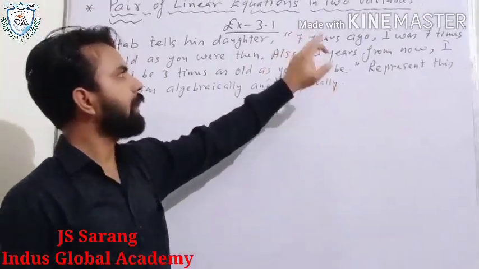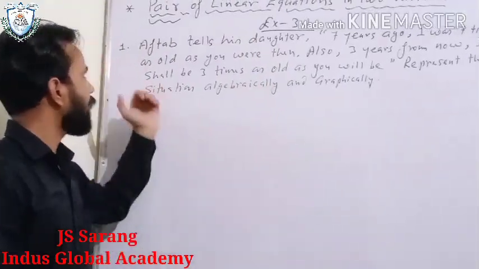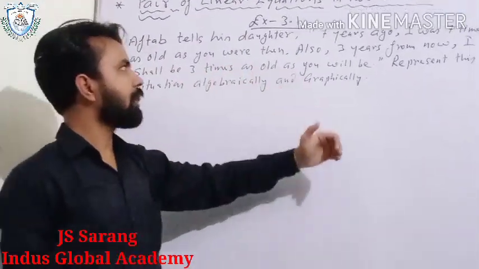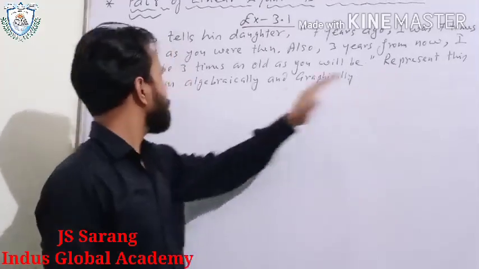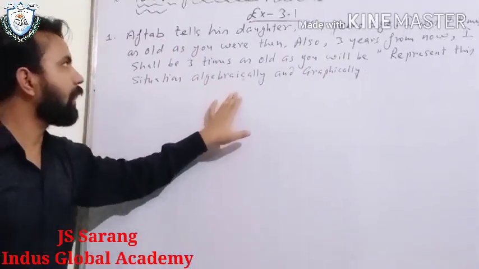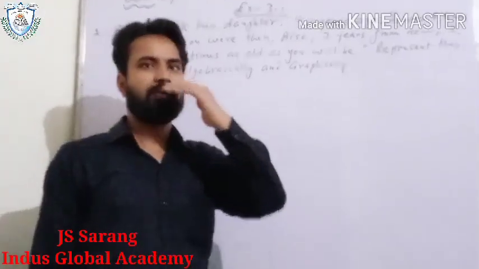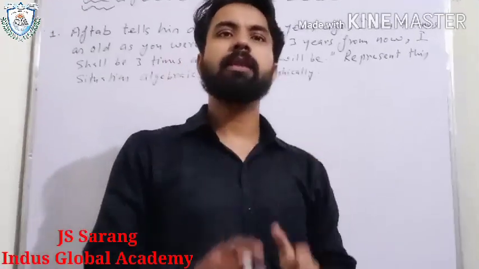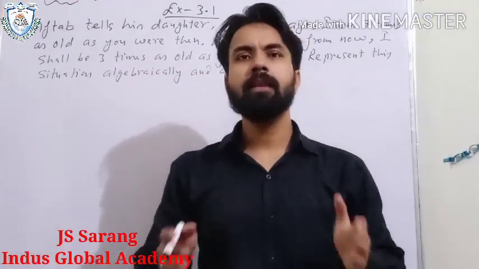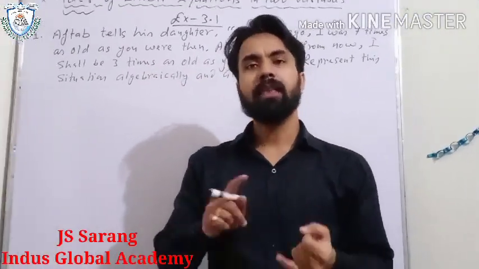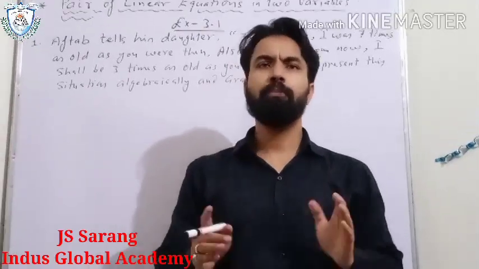Also, 3 years from now I shall be 3 times as old as you will be. Represent this situation algebraically and graphically. So here one word problem is given, and we have to represent this word problem algebraically and graphically both.